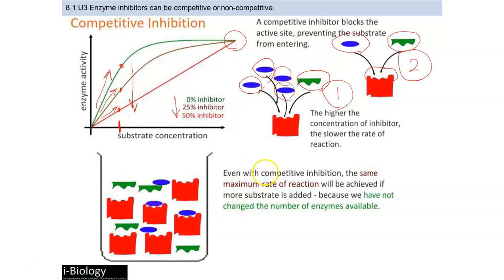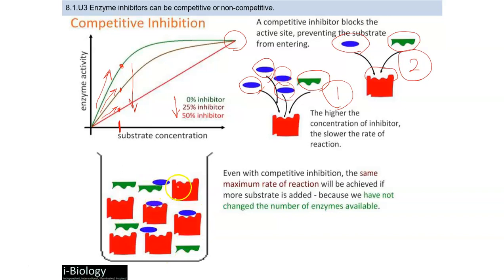Again, if we want to talk about what I just explained, you will see this as well. Even with competitive inhibition, the same maximum rate of reaction will be achieved if more substrate is added, because we have not changed the number of enzymes available. The enzyme available is still at the same level.